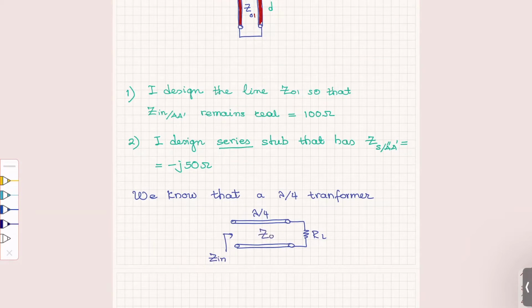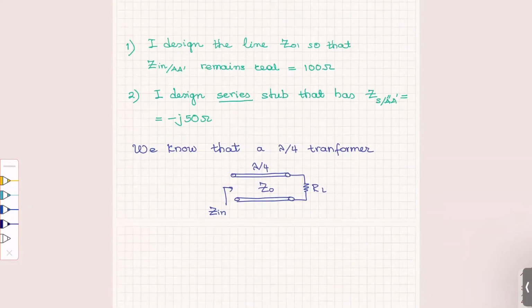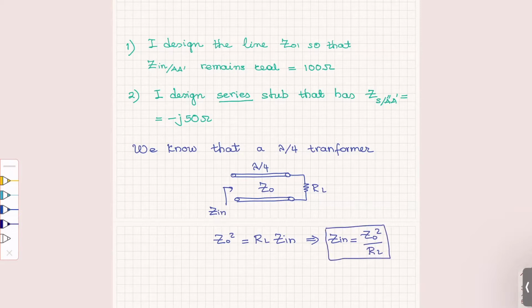And this is Z naught. We know that Z naught squared will be equal to RL times Z in, which implies that Z in, the real input impedance, is going to be Z naught squared divided by RL. All right, that's what happens in a quarter wavelength transformer.